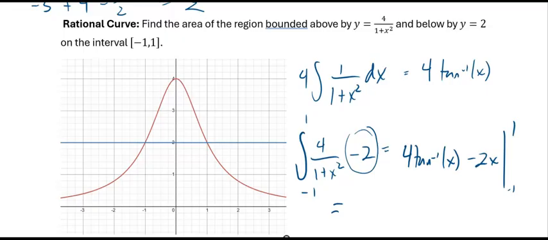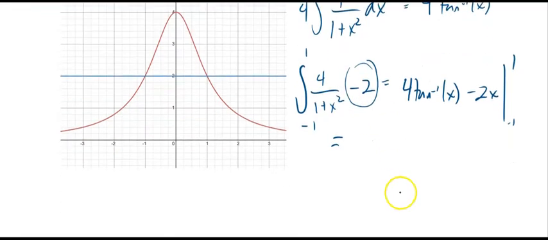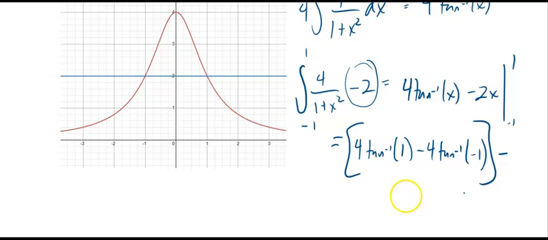Oh, good. We get trig practice. 4 times the arctan of 1 minus 4 times the arctan of -1, minus, and then this one's easy, 2 times 1 minus 2 times -1.